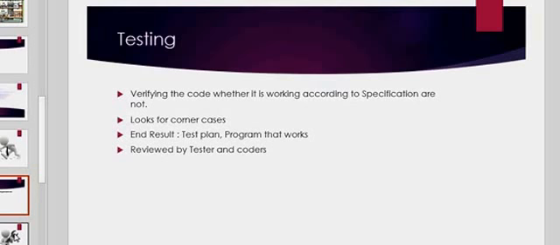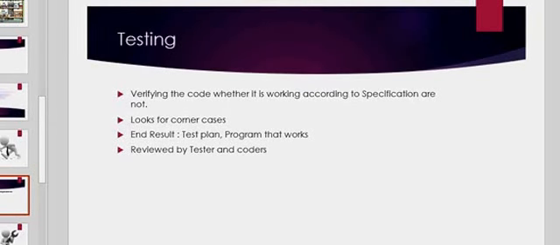That is, we are verifying whether the software is able to work according to client requirements or not. This phase is called the testing phase. Mainly testers are involved. What they do is they open the code and try to find bugs in the coding.